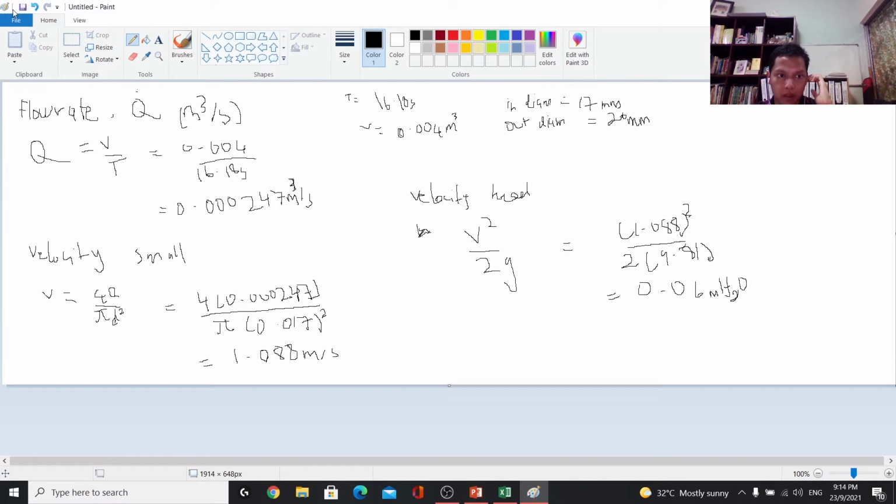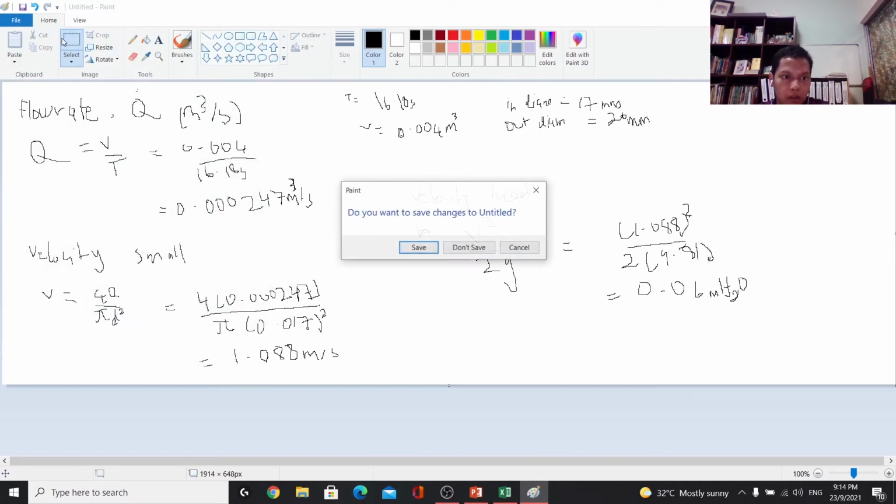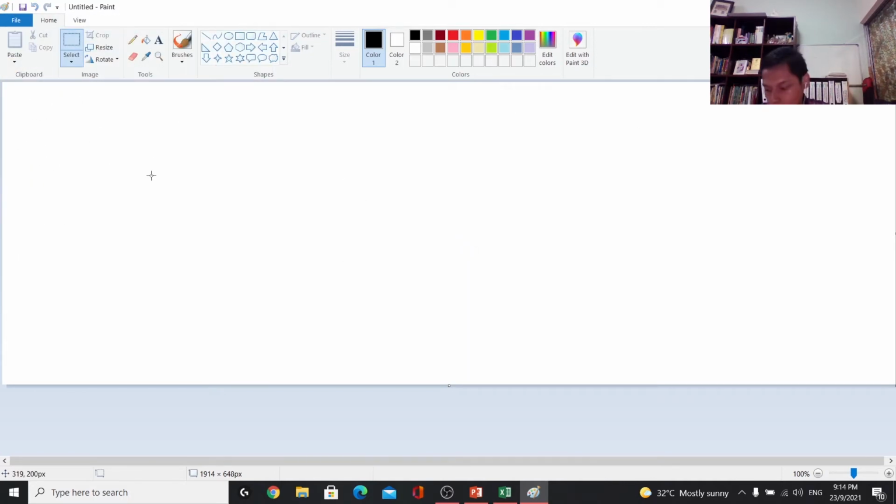So the next one, the differential piezometer head, is actually the simple one. We use this for the 90-degree elbow.